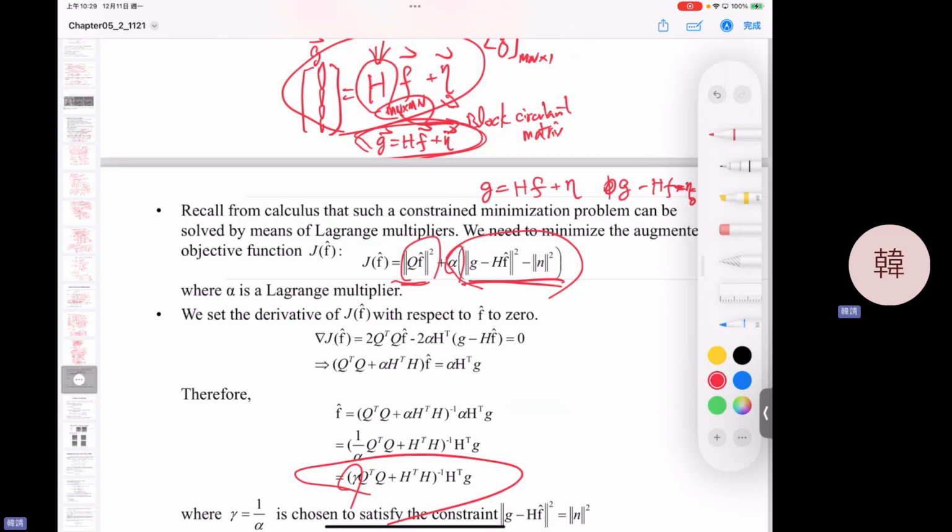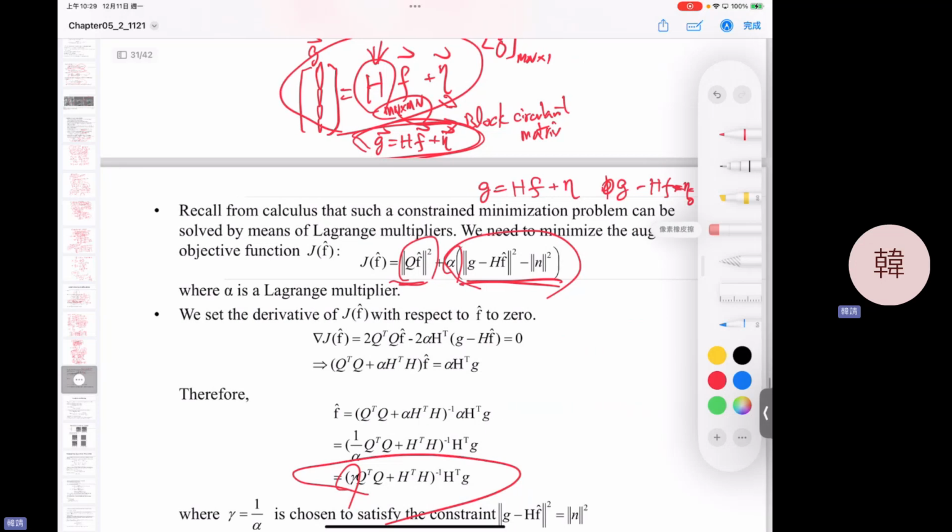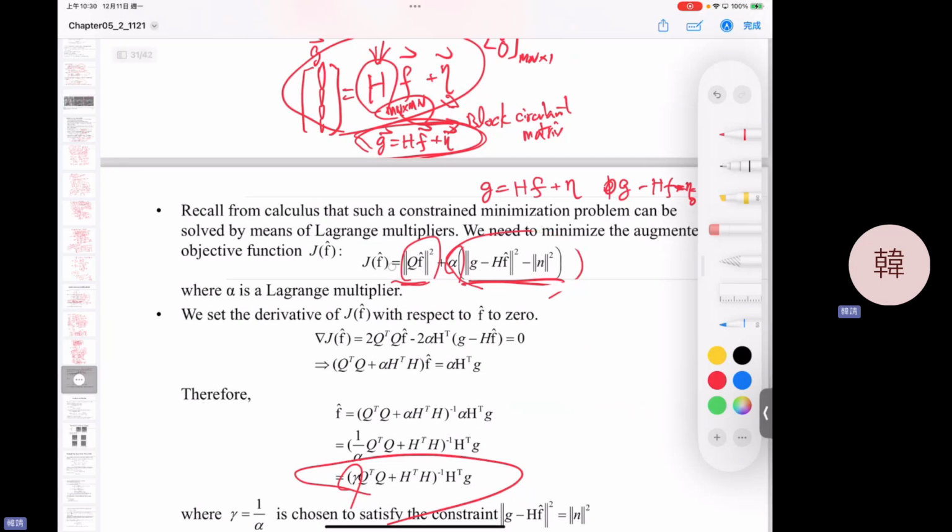And this is the new condition we are going to solve. Now you understand where this comes from. So we have an objective function, minimize something, and we have our constraint combined together through this Lagrange multiplier.